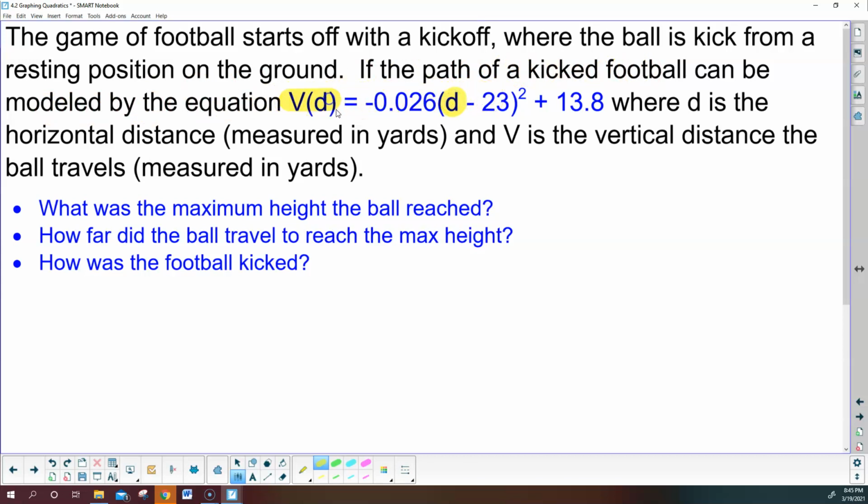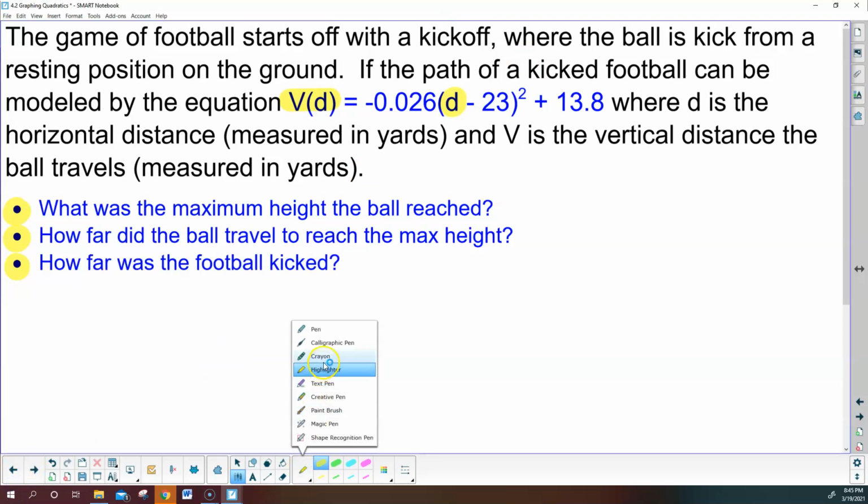We've got y and x, and then we have a, h, and k, where d is the horizontal distance measured in yards, and v is the vertical distance. Using that information, we want to find what is the maximum height, how far did the ball travel to reach the maximum height, and then how far was the football kicked?